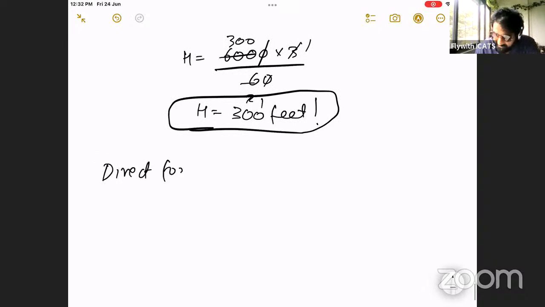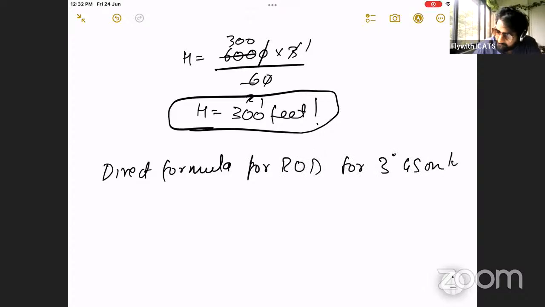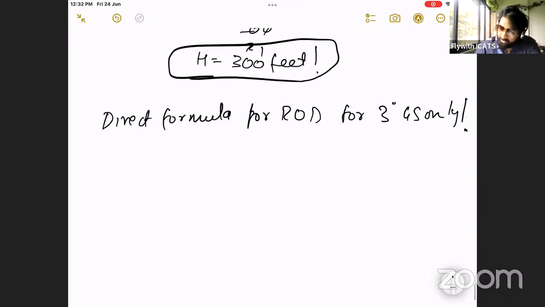Now write down this direct formula for ROD for 3-degree glide slope only. Okay, write down this direct formula. So for 3-degree glide slope, we have two direct formulas. For height also, for rate of descent also.